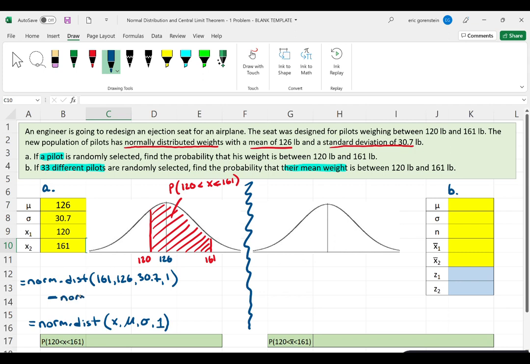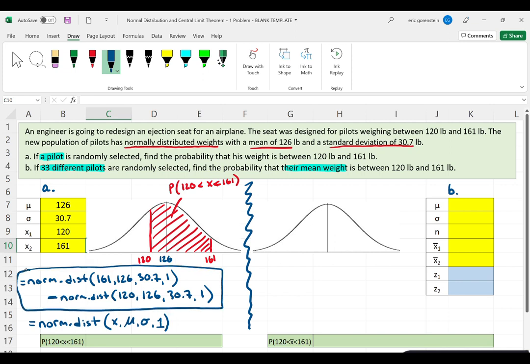So that would be norm.dist 120, same mean, same standard deviation, and then comma 1. All right, so this will give us the area between 120 and 161, which is the probability that the weight of one randomly selected pilot will be between 120 and 161.